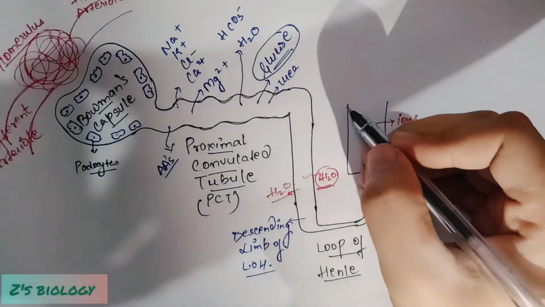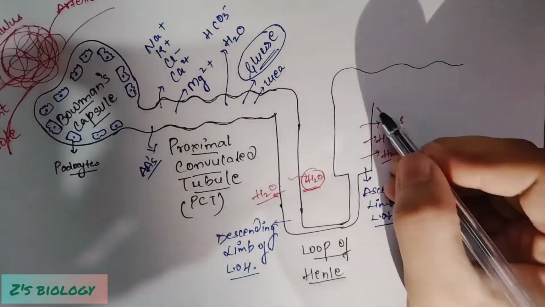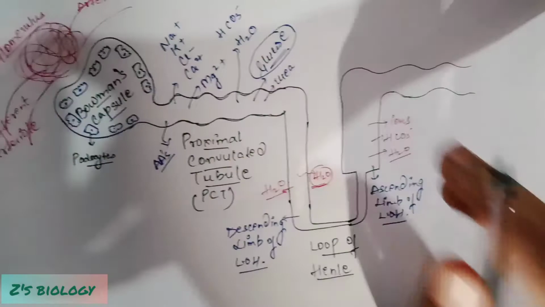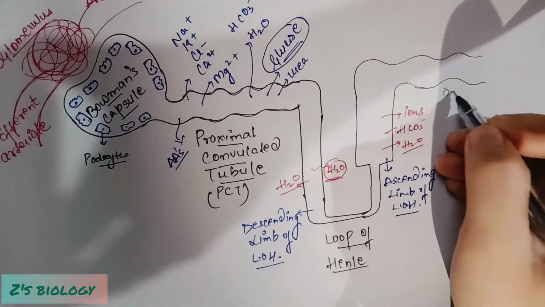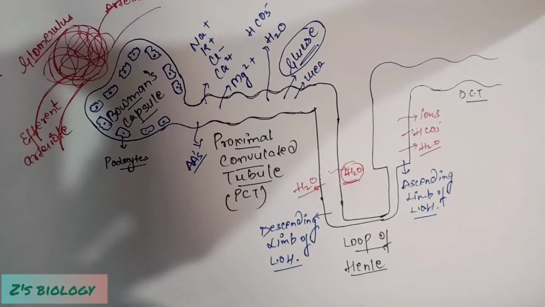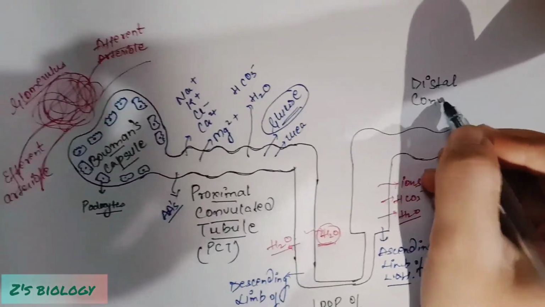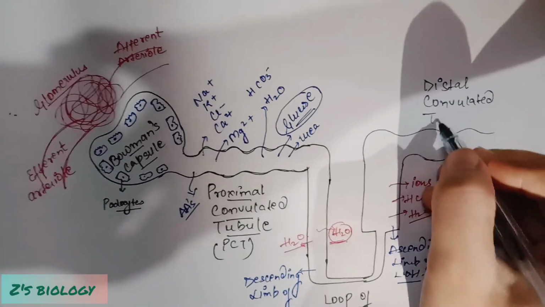The next structure is the DCT, the distal convoluted tubule, and ions like sodium, calcium, chloride, bicarbonates, and water are reabsorbed from the DCT.